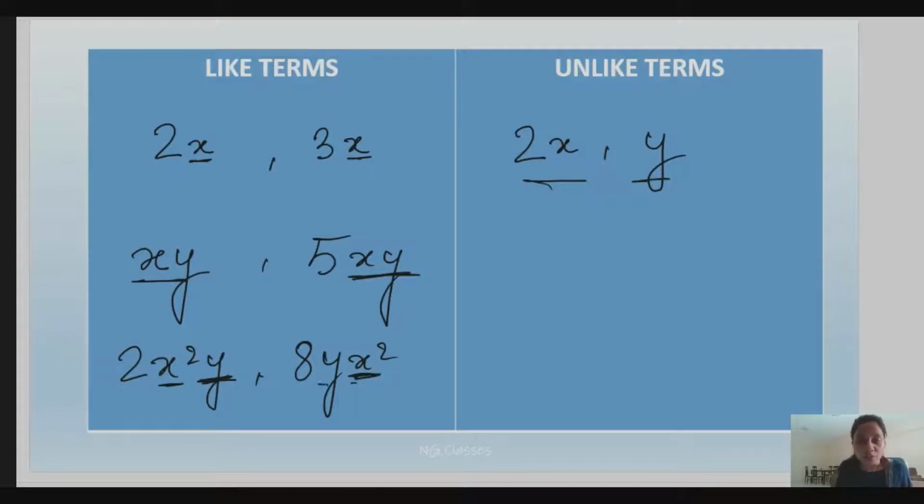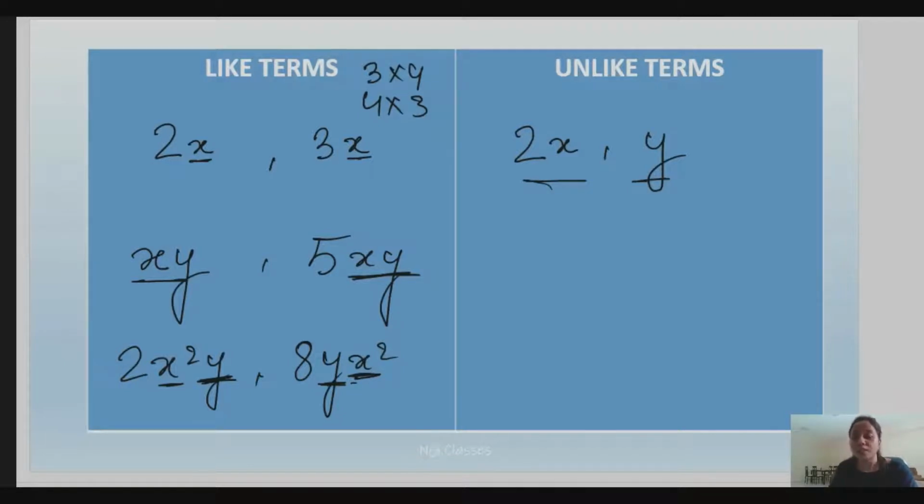And here also for the next term, y is having power 1. So exactly same variable we are having. Okay, x square y and yx square, it's the same term. Like when you will do the multiplication according to commutative property, you already know 3 times 4 and 4 times 3, it's same, right? 12. So x square y and yx square is same. That's why these two terms are like terms.